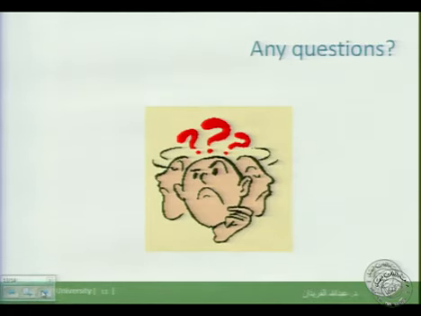Should I use this structure or the other structure? You can refer to the book and then you will find the answer, because I think this book is very comprehensive of the basic English grammar.